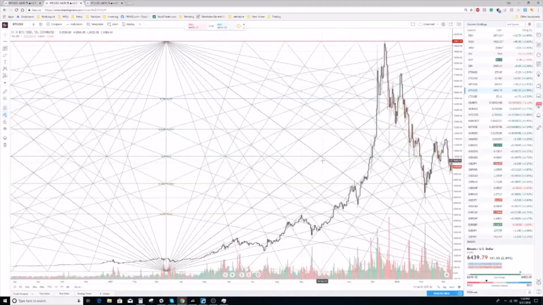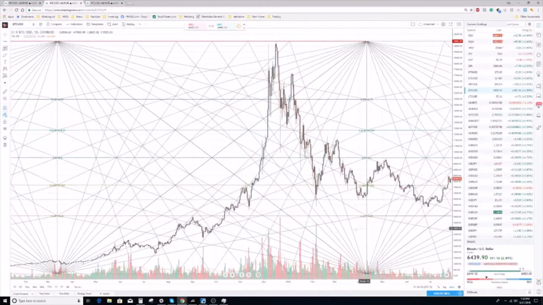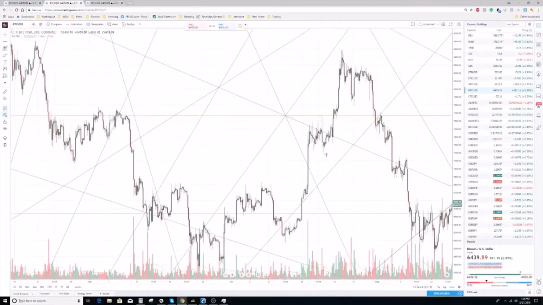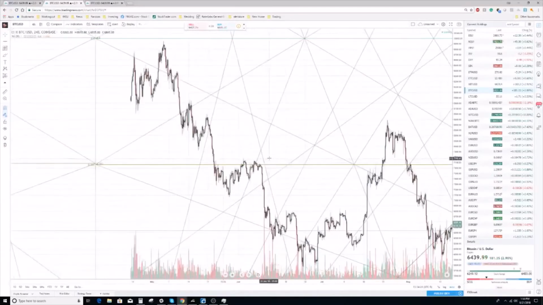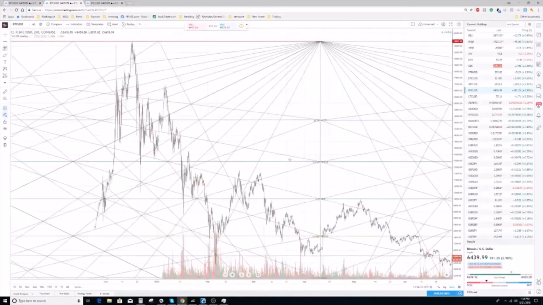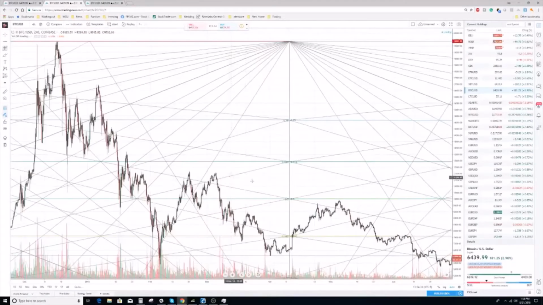So anyways, I've got this on the daily. Sometimes the daily is not a very good chart to look at because the candlesticks float inside and out of the angles quite a bit. Sometimes you got to bring it down to the 4 hour, the hourly. But depending on how your square is set, you can see that prices like to follow angles. Prices like to trade in the angles. They like to trade in the various geometric shapes that form around these angles.